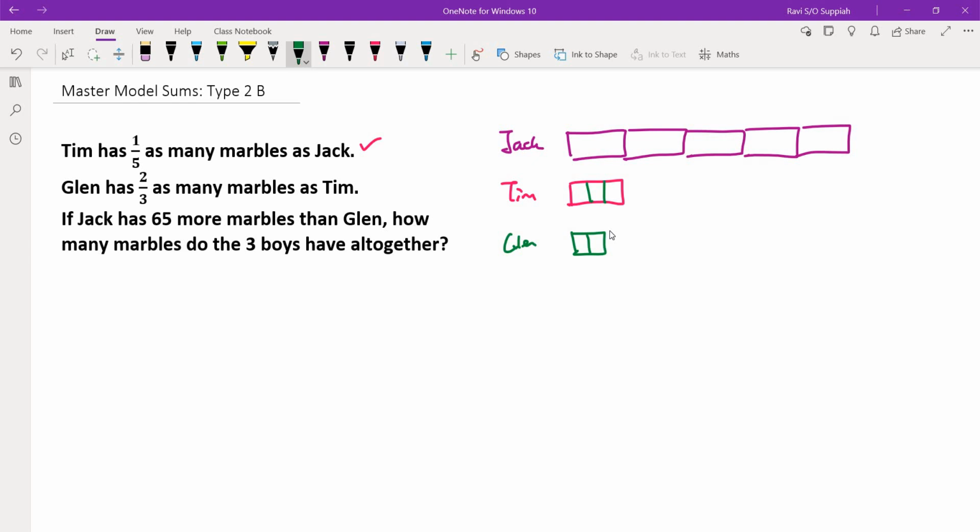Since we know that Jack's 1 block is equivalent to Tim's 1 block, and Tim's 1 block can be broken up into 3 smaller blocks, we can do the same for Jack. For Jack, we are also going to break up each big block into 3 smaller blocks.